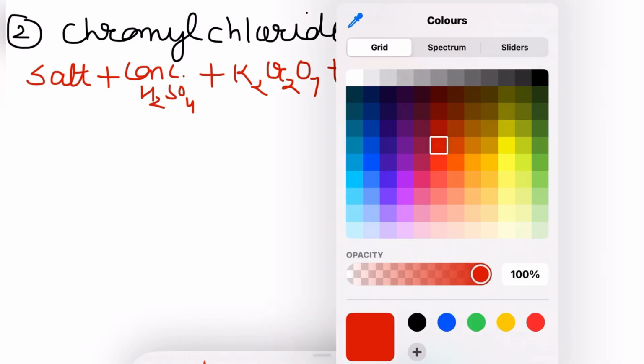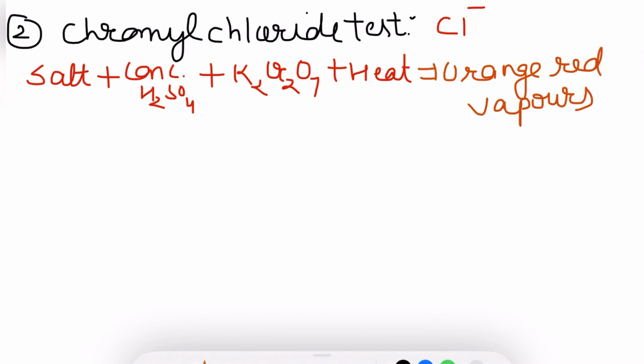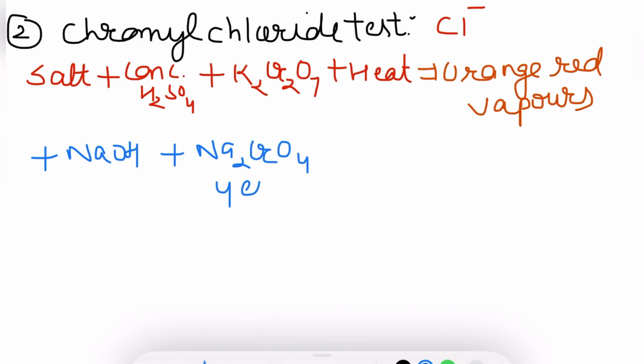This results in the formation of orange-red vapors of chromyl chloride gas. To this reaction mixture, when we add sodium hydroxide, it produces a yellowish color because of the formation of sodium chromate.